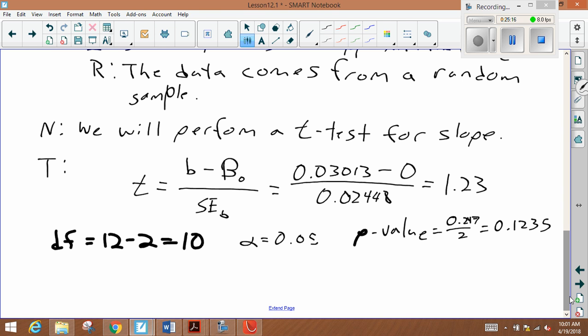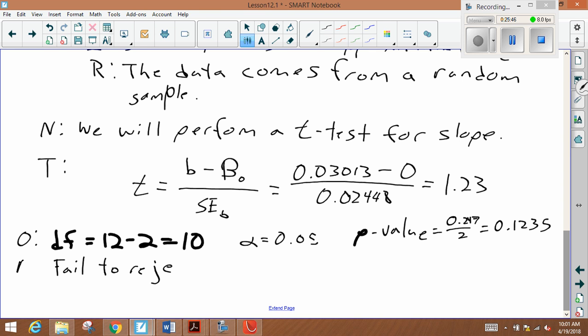If we do it this way or do it the other way, we will wind up failing to reject our null hypothesis. So we don't have convincing evidence that they actually do tip more when they stay longer. So we're going to fail to reject because we did O here.